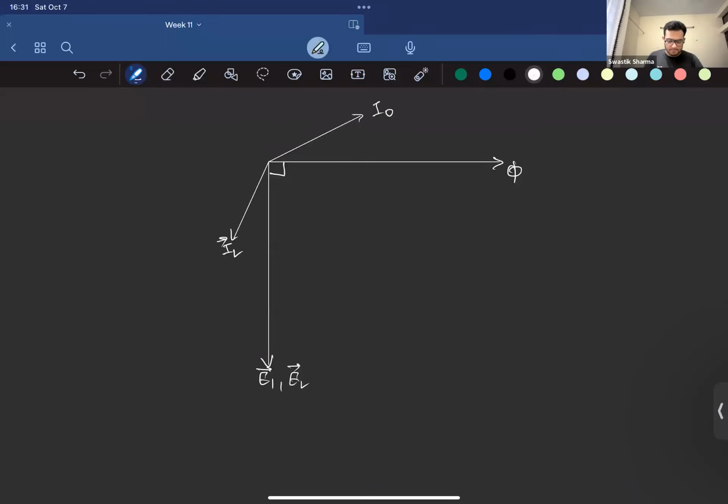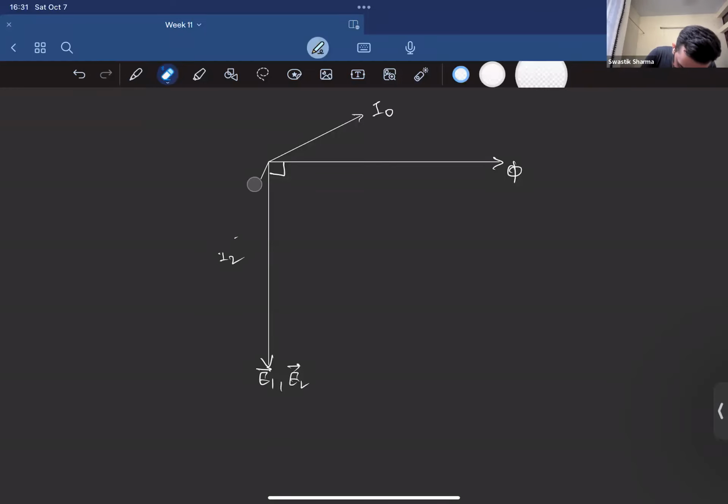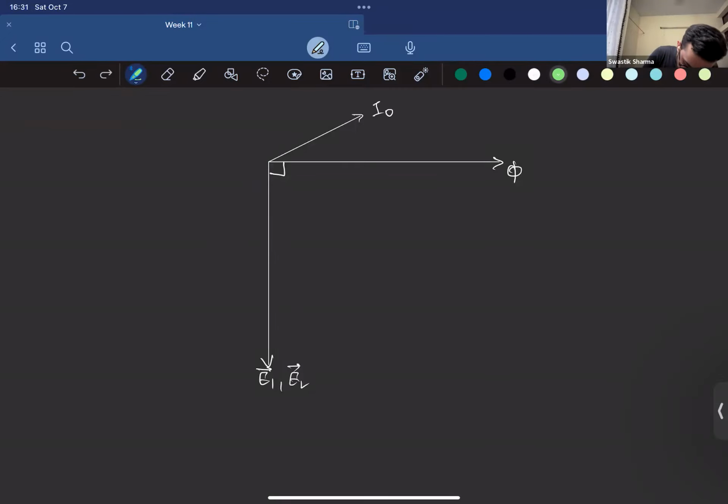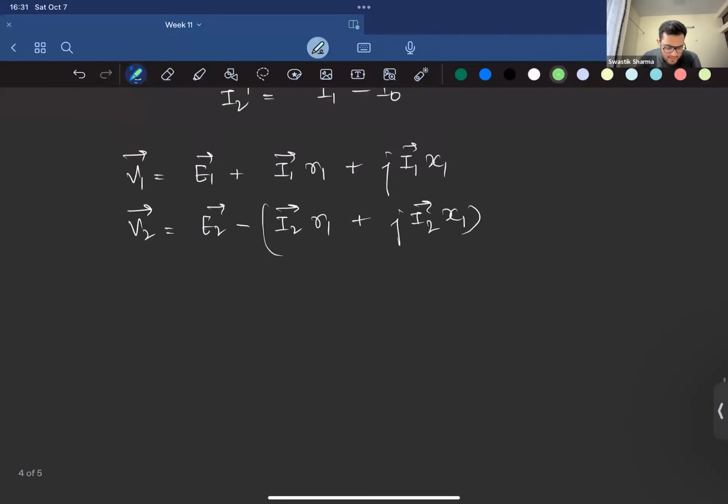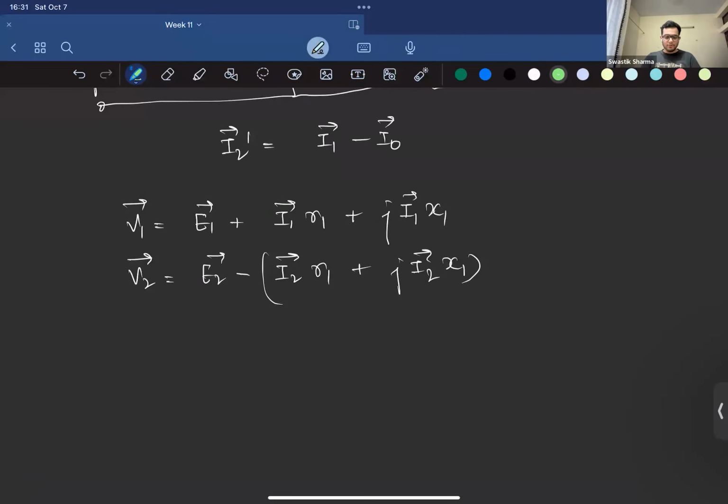We know this, right? Now, in the second equation, you can see that it's written E2 minus I2 R2 plus j times I2 X2, right?